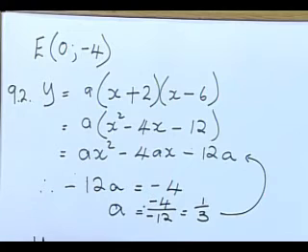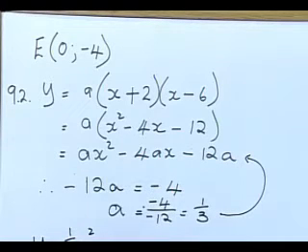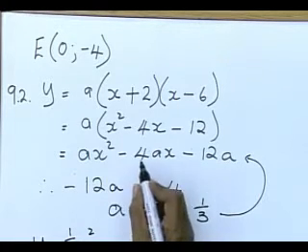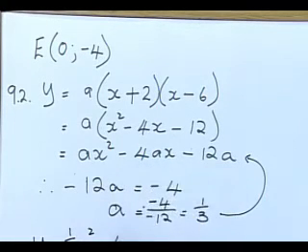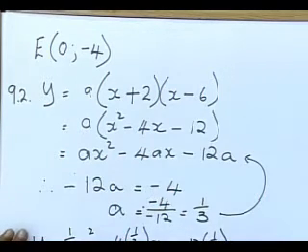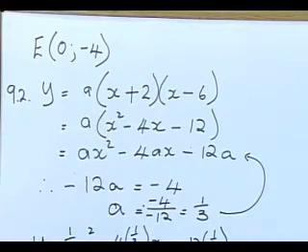And this value I throw back in there. And y becomes 1/3 x squared minus 4 times 1/3 x minus 12 times 1/3. I'm writing it out so that people can follow what I'm doing.